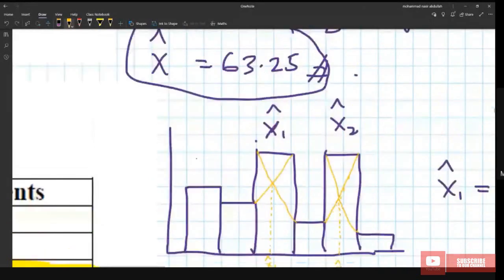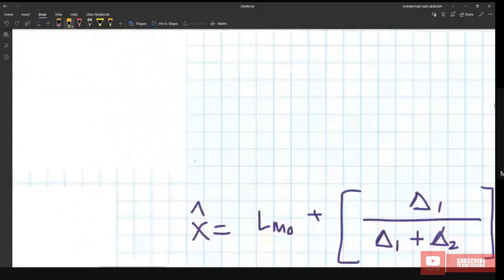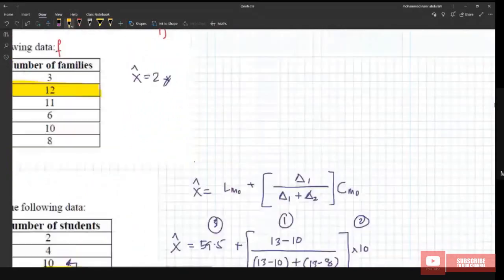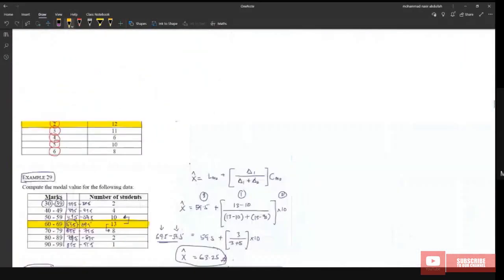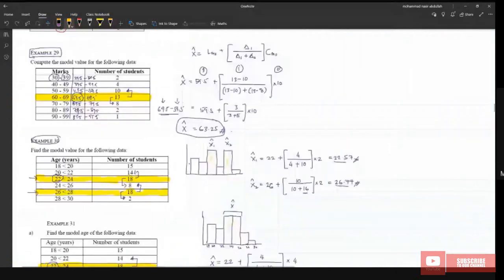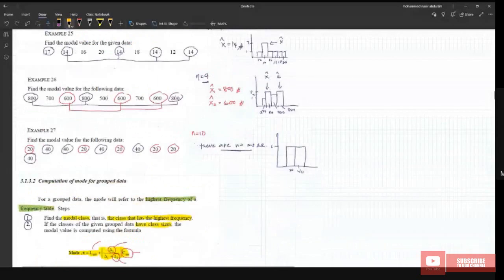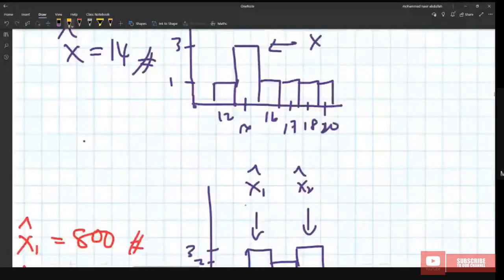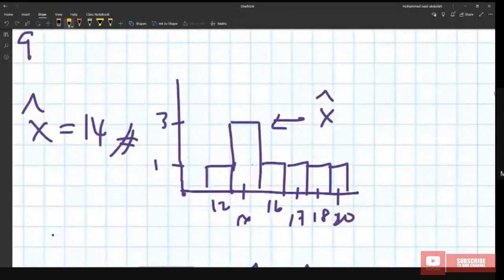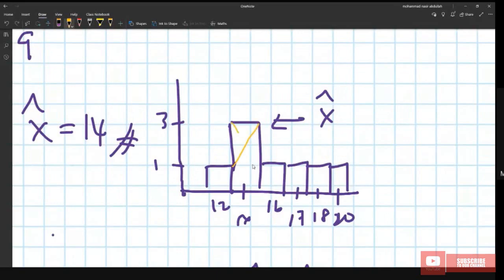Sama juga dengan yang ni kan. So you just draw a line and get the intersection. So ini adalah you punya mode, right?